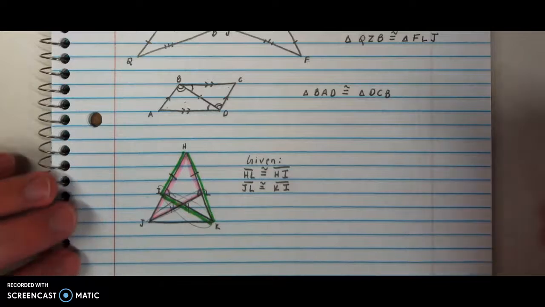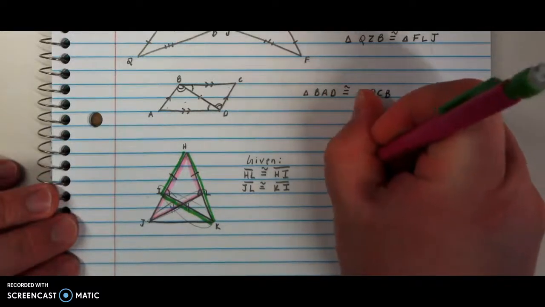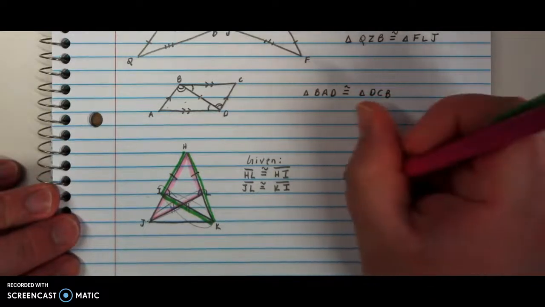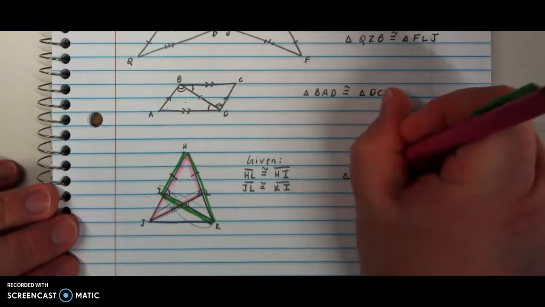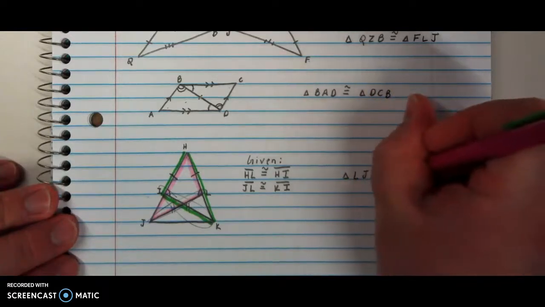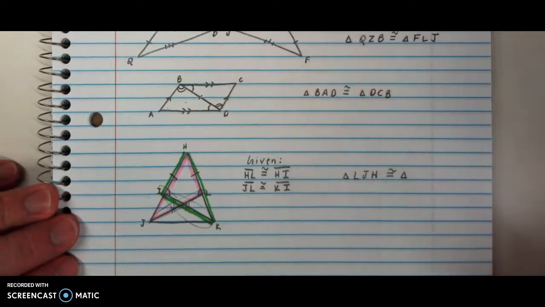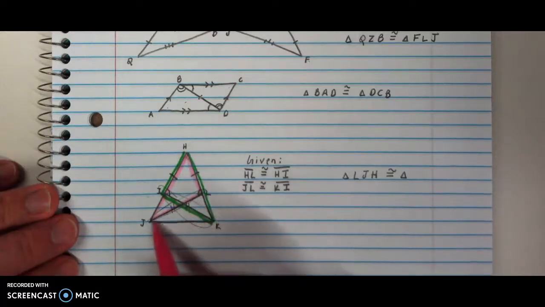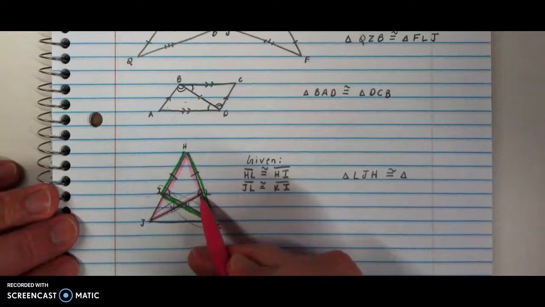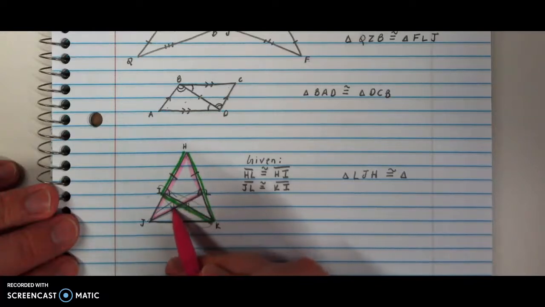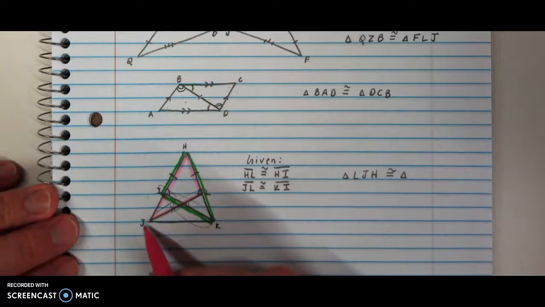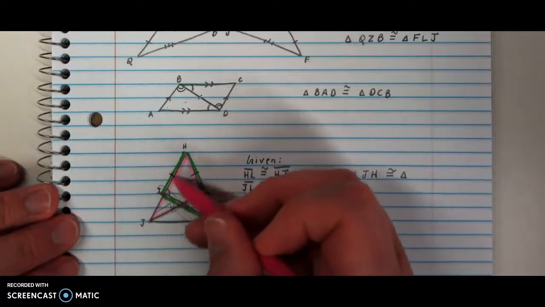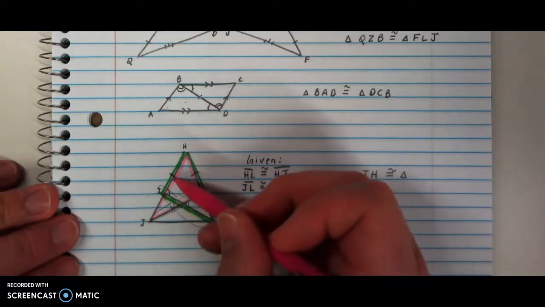So if I name the pink triangle, let's say I name the pink triangle LJH. So LJH. If we look at LJH, L has a single angle marking, and then when we go to J, we cross over the double side marking, and then when we go to H, we hit that single on that side, but that doesn't really pertain to this.